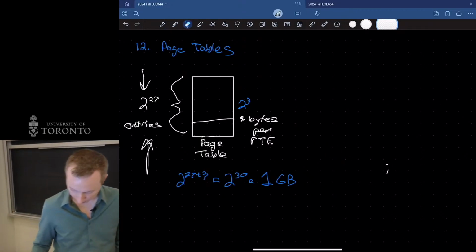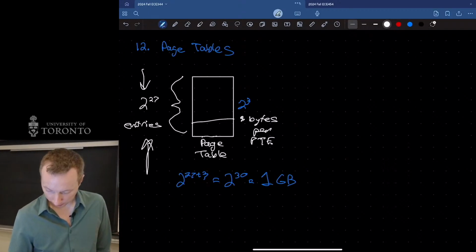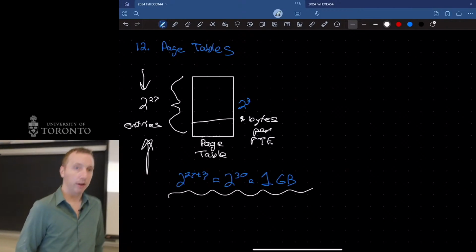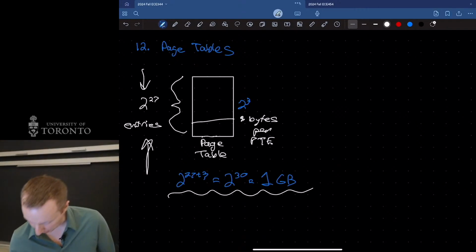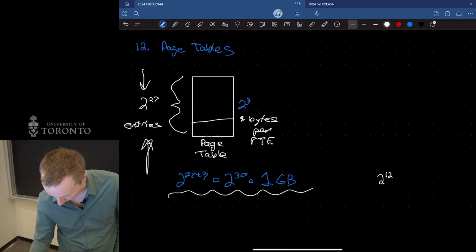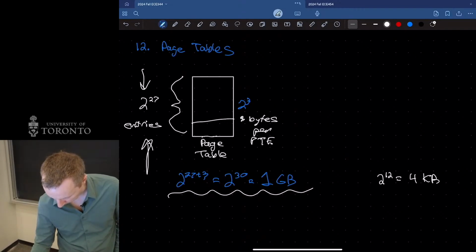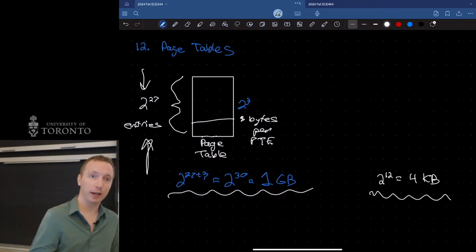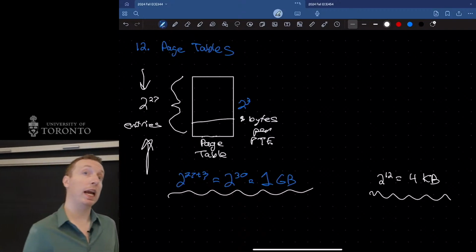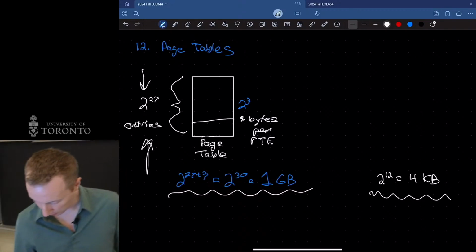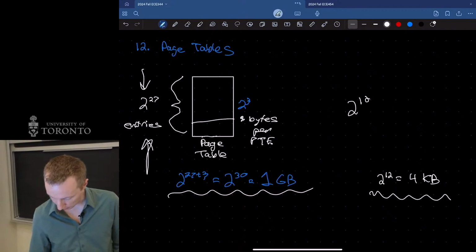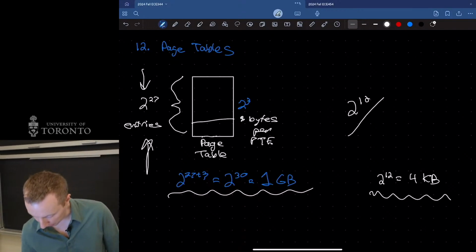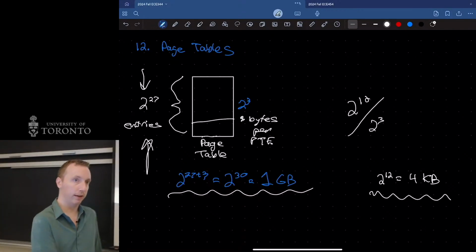Basically, I'm constraining it so that the total size of the page table is just the size of a page, 2 to the 12 or 4 kilobytes. Then I can figure out how many entries fit by taking the total size of my page table and dividing it by the size of an entry, which in this case is 8 bytes an entry.